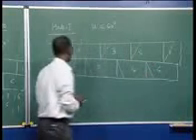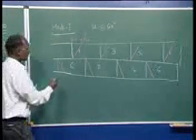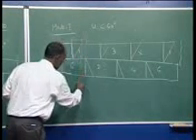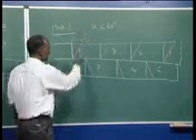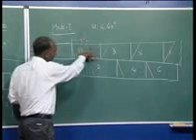Now to know the conduction pattern and how it will be conducting, let us start with this one. At this point we can draw the line. You can see in this period, 1 is conducting from here to here.